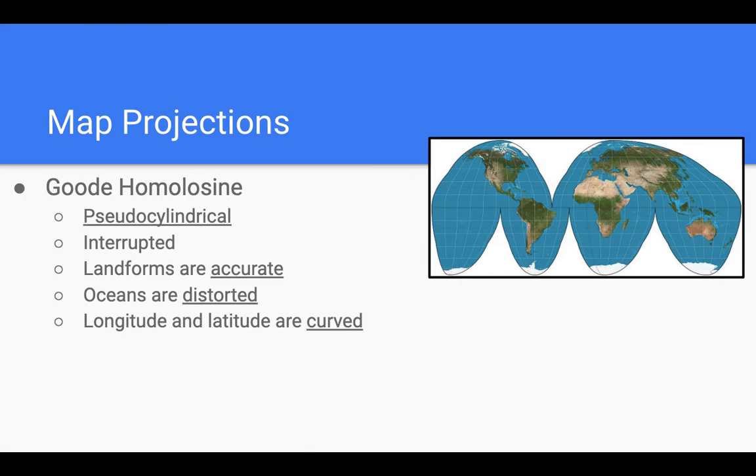The oceans are more distorted, and it's difficult to see how much distance is between, like, Hawaii over here and Chile over here. What is the distance there? It's difficult to do that. So that's a harder one to use. But if you're looking at just landforms, this is a pretty accurate one.